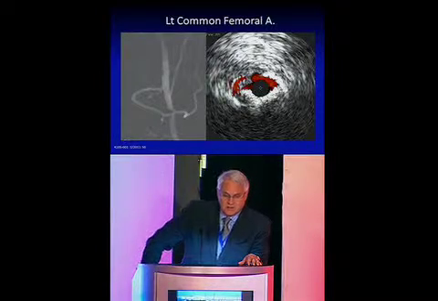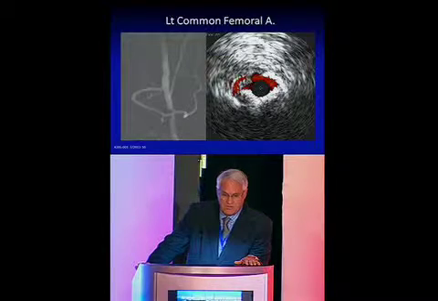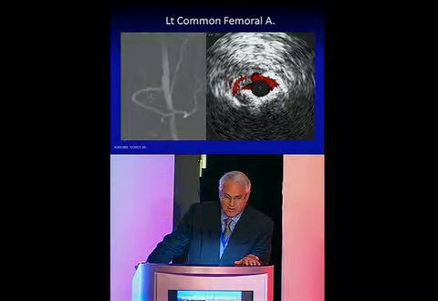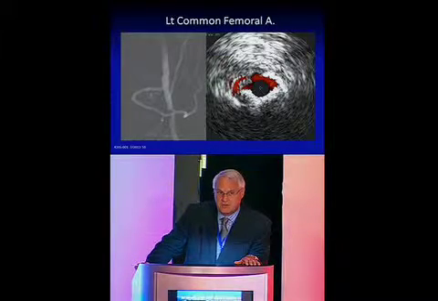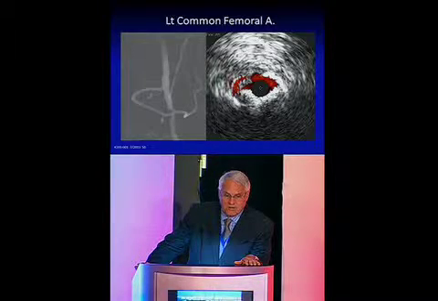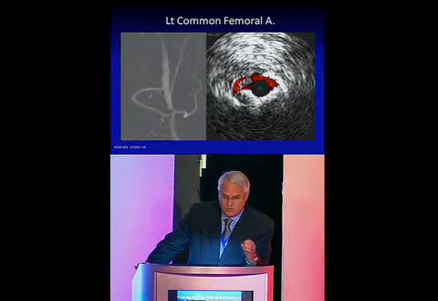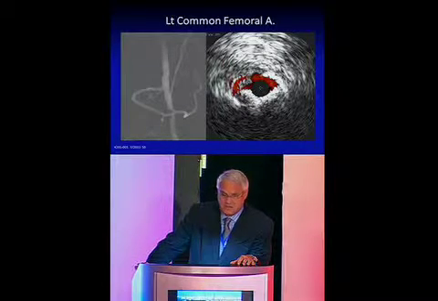This is an example of a patient that we treated not too long ago, a patient that had a very heavily calcified common femoral artery, with pre-treatment intravascular ultrasound with color flow. For those of you that are not familiar with intravascular ultrasound, that central dark circle on the right is the catheter itself.